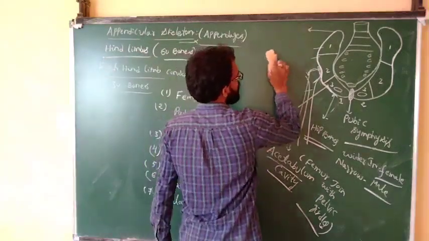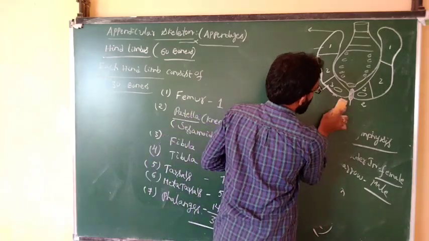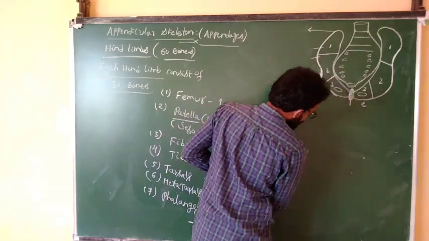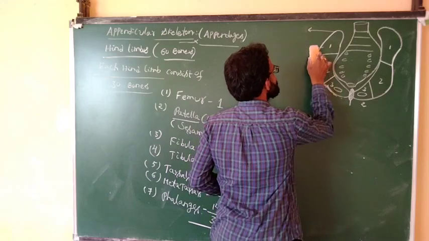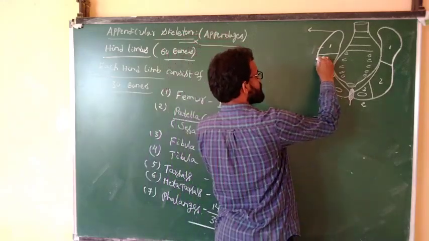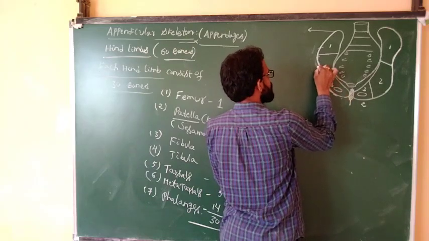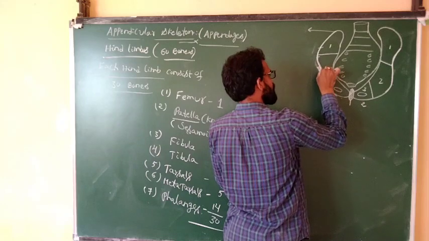The acetabulum cavity means the femur joins with this cavity, and the joint is formed with the help of cartilage.